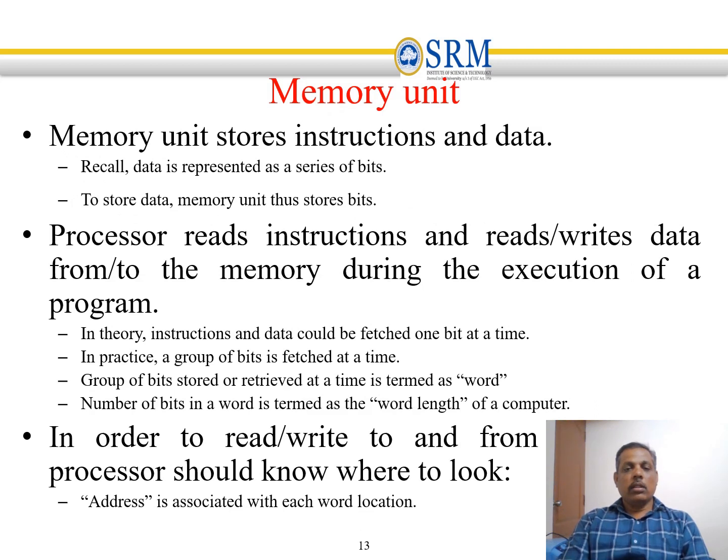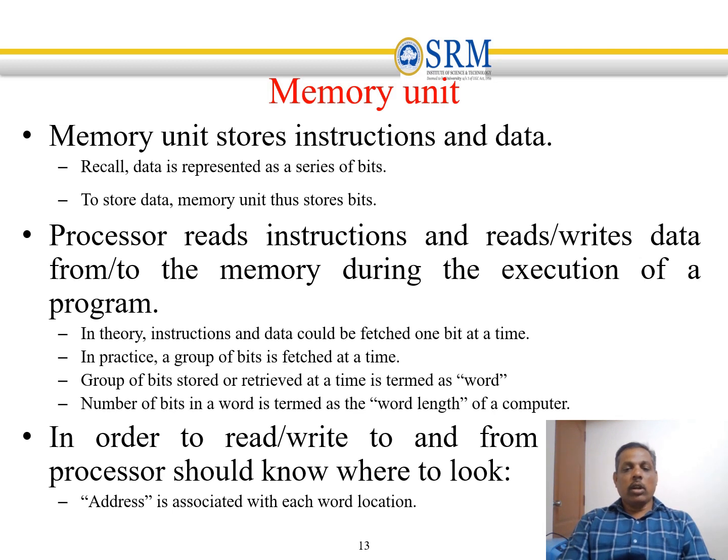Here, the important unit is the memory unit. It is used for storing the instructions as well as data. Normally, the processor reads the instruction and writes the data from or to memory and the CPU.